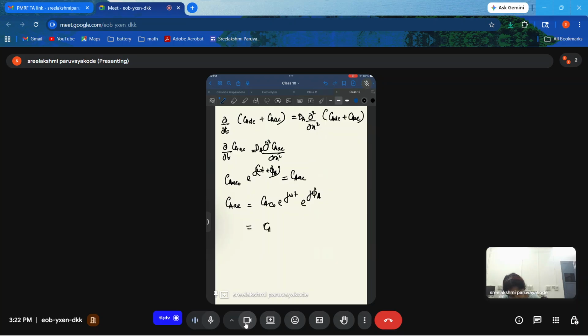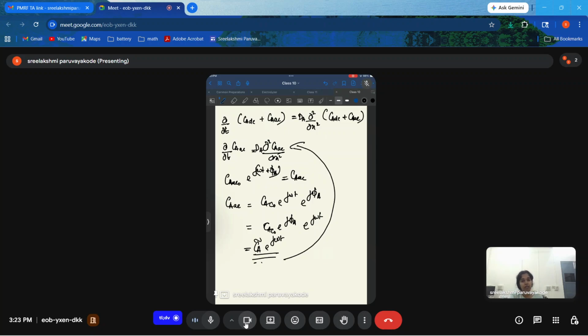The constants can be taken together, and this becomes CA tilde e raised to j omega t. This part I'm going to substitute back in this equation. It becomes important because we're going to differentiate it with respect to time.